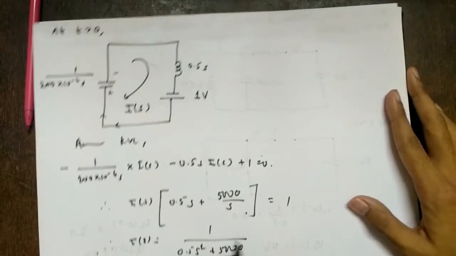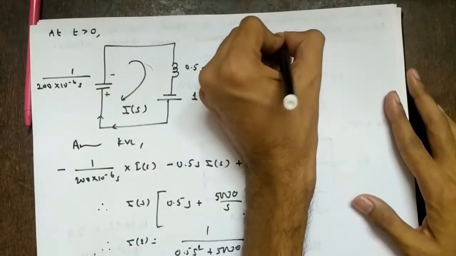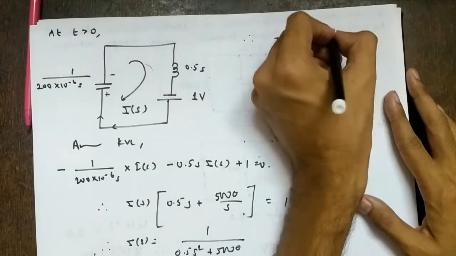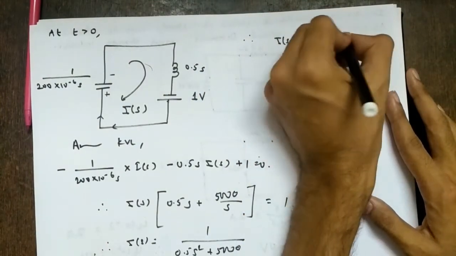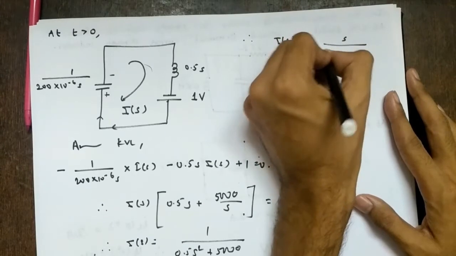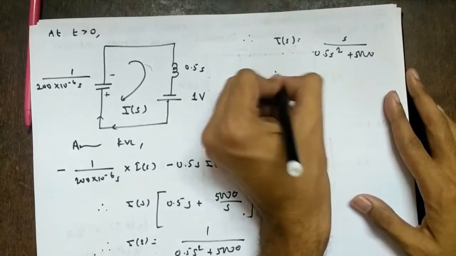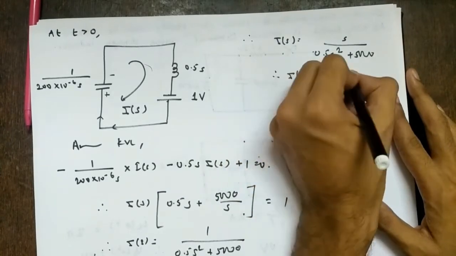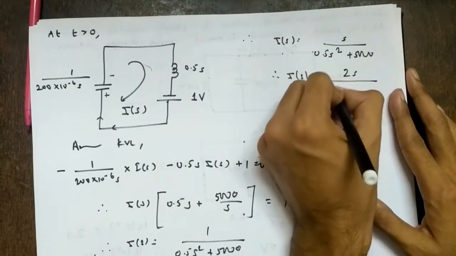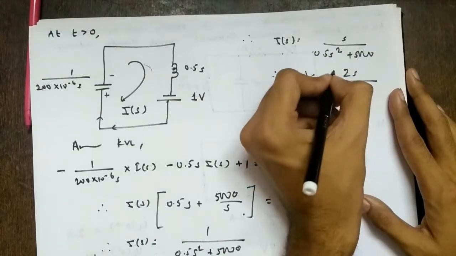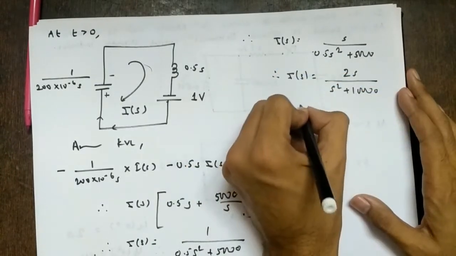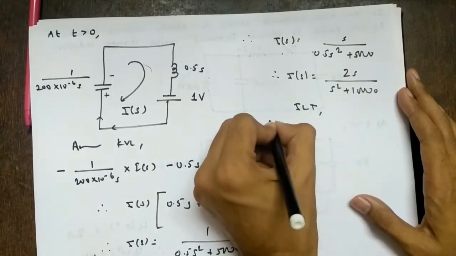I am taking LCM. So therefore I of s equal to s upon 0.5 s square plus 5000. Again I want coefficient to be 1 for s square, so I'll multiply by 2, so 2s upon s square plus 10,000. Then take inverse Laplace transform.